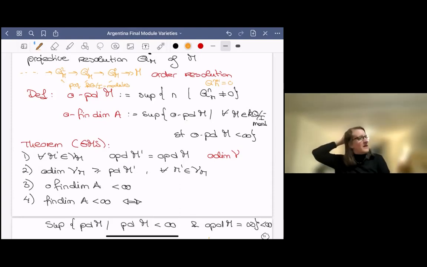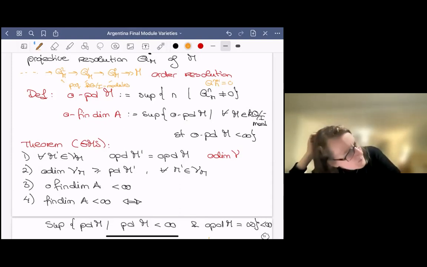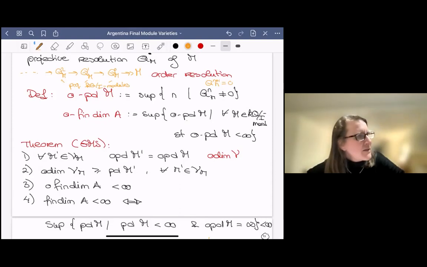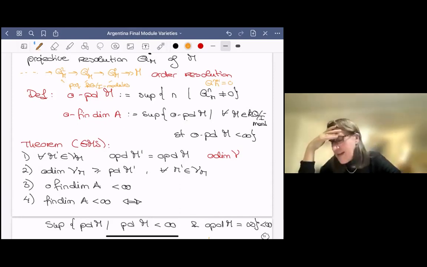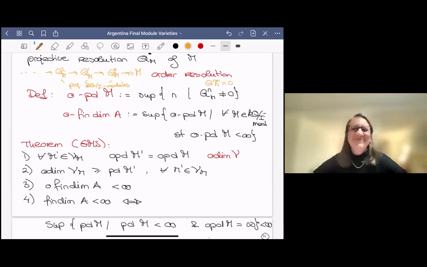The problem with these order resolutions, although they're algorithmic, is that they're very difficult to understand, construct and work with. Intuitively, I would say that... I don't know. I shouldn't say anything.